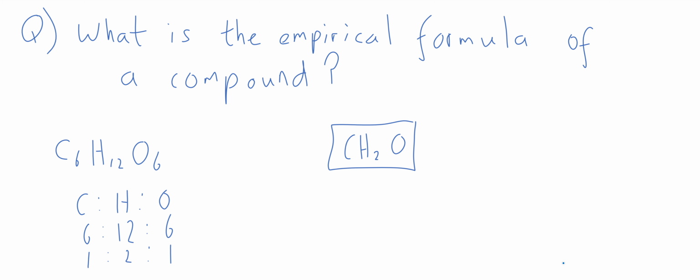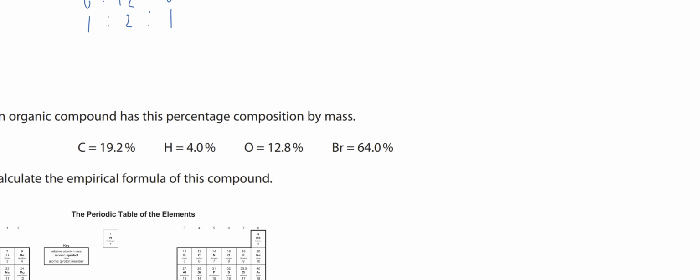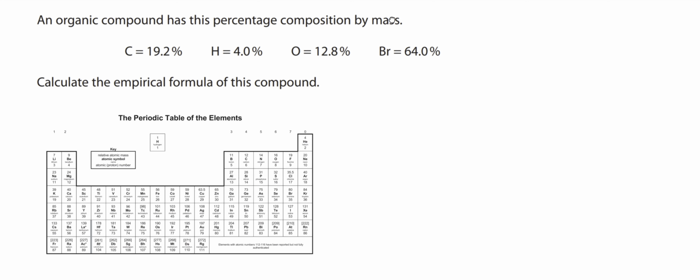However, how would you calculate empirical formula in a typical question they could ask you in the GCSE exam? An organic compound has this percentage composition by mass: 19.2% carbon, 4% hydrogen, 12.8% oxygen, and 64% bromine.